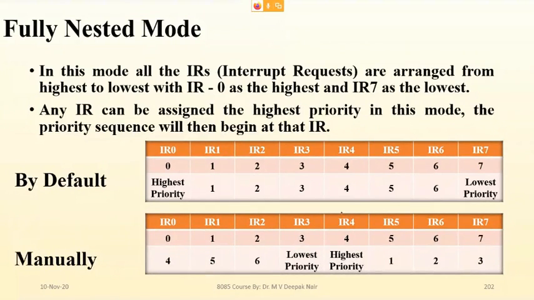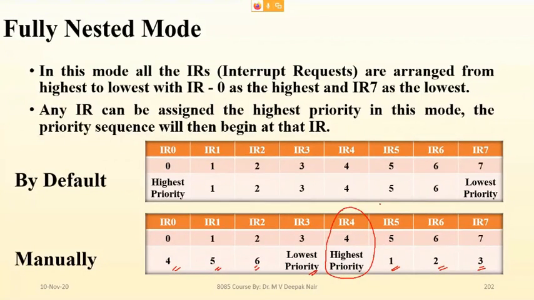Now here you have specified that IR4 is the highest priority. So automatically the next ones become lower priority: highest, then 5, 6, 7, then 0, 1, 2, and IR3 became the lowest priority automatically.